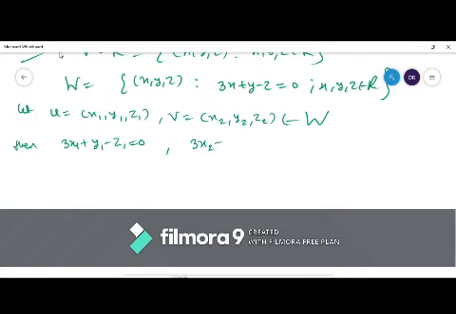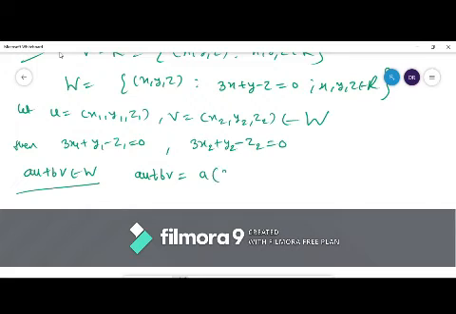Similarly, 3x2 plus y2 minus z2 is equal to 0. We prove that AU plus BV belongs to W. AU plus BV is equal to A times (x1, y1, z1) plus B times (x2, y2, z2).